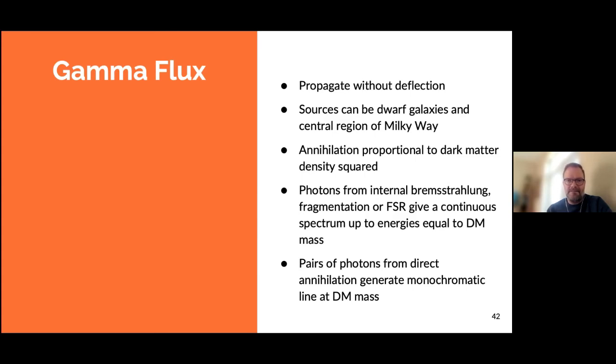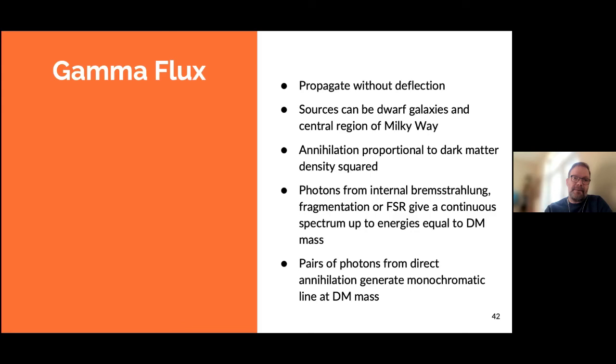But photons from internal Bremsstrahlung, fragmentation, or final state radiation give you a continuous spectrum up to energies that again correspond to the dark matter mass. So that's a smeared out spectrum. Whereas if you get direct annihilation into a pair of photons, then you could possibly observe a monochromatic line at the dark matter mass.